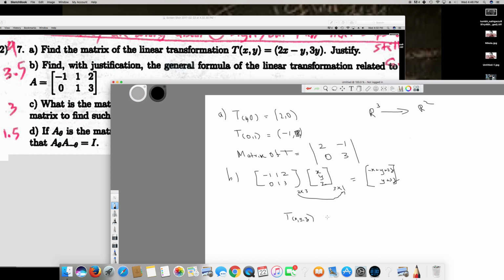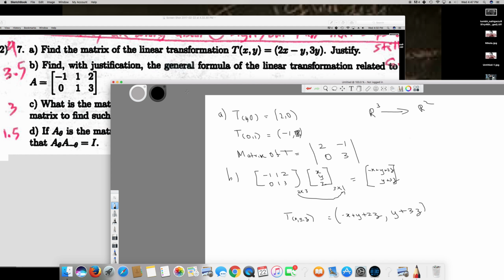So x y z, this is going to be my x value, this is going to be my y value: T(x, y, z) = (-x + y + 2z, y + 3z). So this is my final answer for this question.